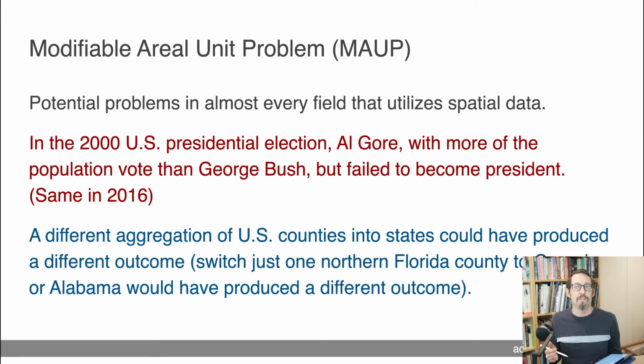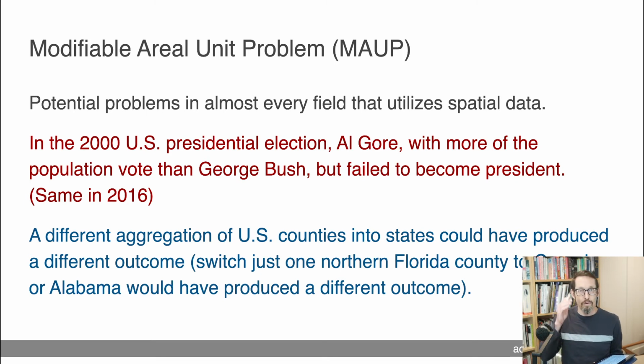And the thing is that he lost the election because Florida went for Bush, and Florida was balanced on less than 10,000 votes. Okay? So if we had done a different aggregation of US counties into states, it would have produced a different outcome.